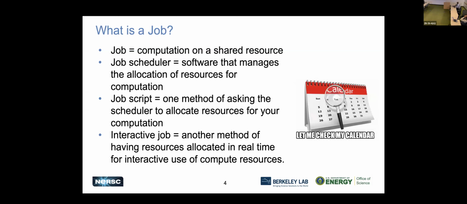In order for us to allow users to submit a job, we make use of a job scheduler. And the job scheduler basically manages your request for specific resources and puts you into a priority based off of what you need, for a number of factors.